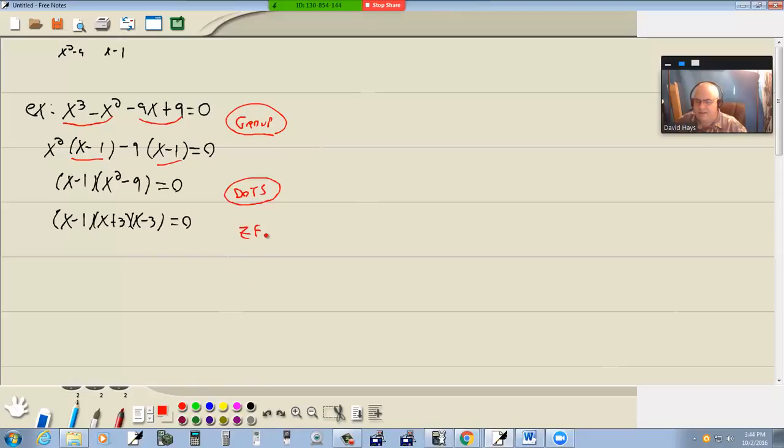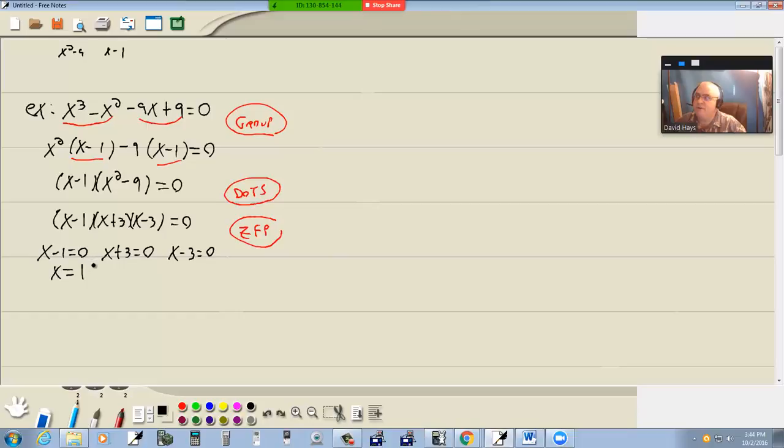Now in the last section we looked at the zero factor property, and we looked at problems that just had two factors. You can have 3, you can have 4, you can have however many in a problem. The only important part is you got 0 on one side and you factored the other side. Then you set each factor equal to 0. X minus 1 equal to 0, x plus 3 equal to 0, and x minus 3 equal to 0.